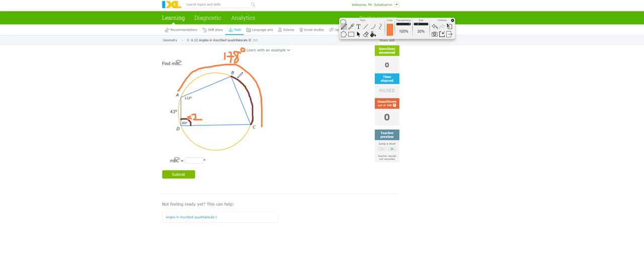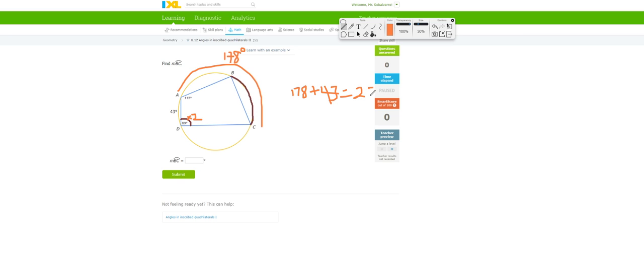So that arc is 178 degrees. Notice what they're asking you is what is the arc BC? Well, we don't know yet what that arc will be. All I know is that from A to C is 178, from A to D is 43, and I could find the missing arc from D to C by adding 178 plus 43, and that will be 221.